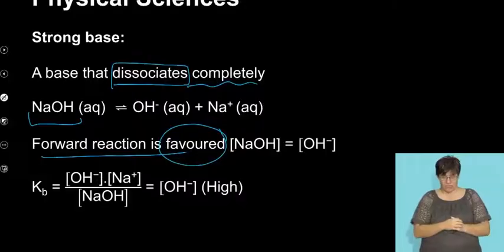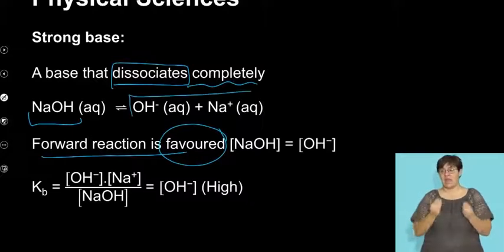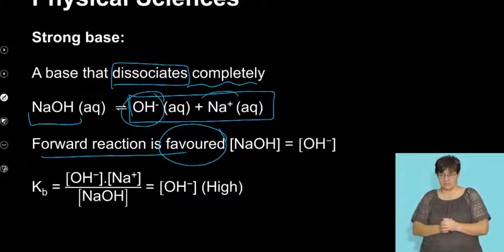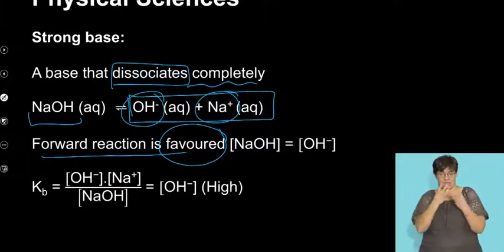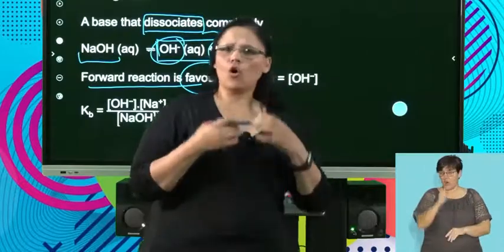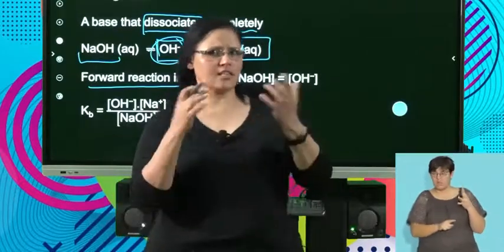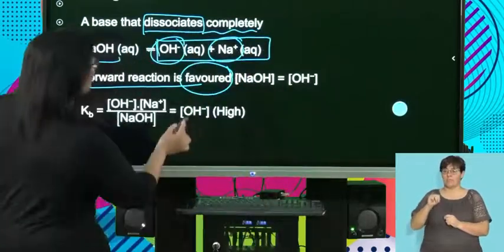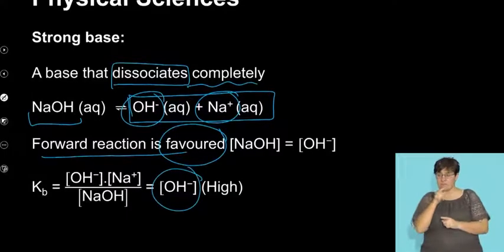So at equilibrium, almost all of it will be ions, hydroxide ions and sodium ions in the solution. And because this is a strong base, with all the sodium hydroxide converted into ions, it basically means that my hydroxide ion concentration for a strong base is very high.